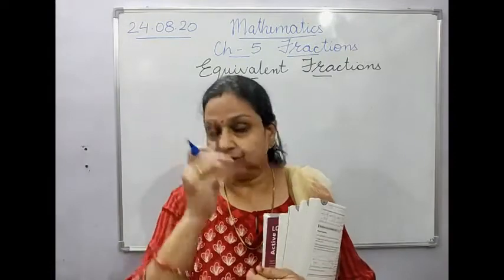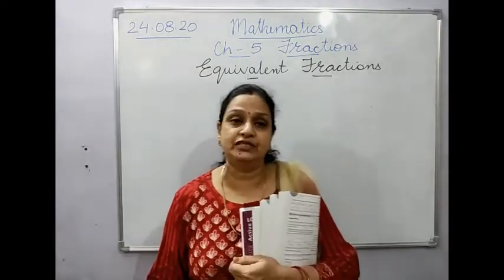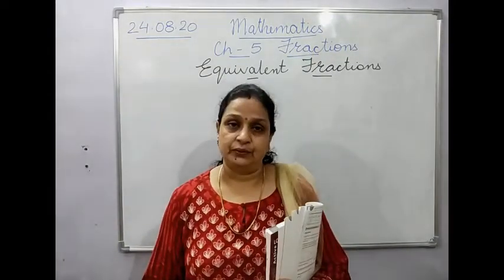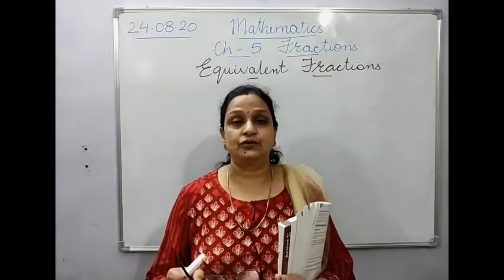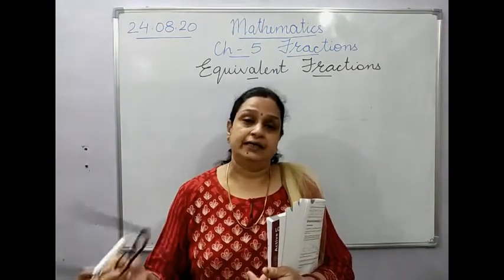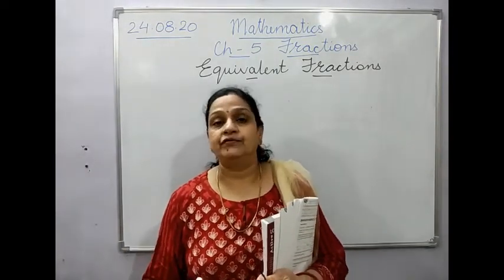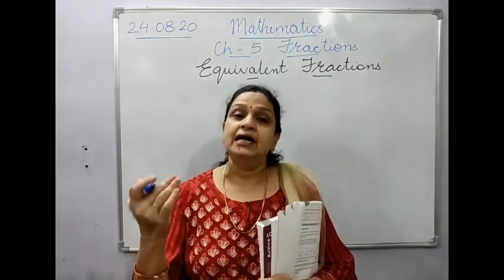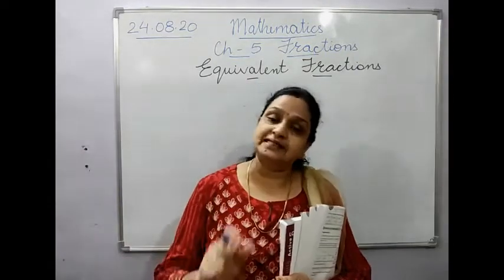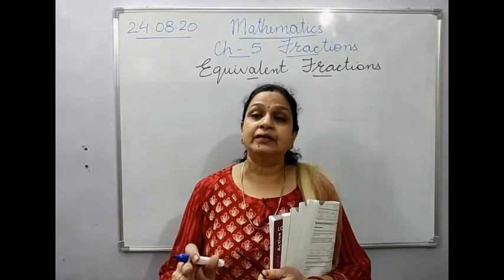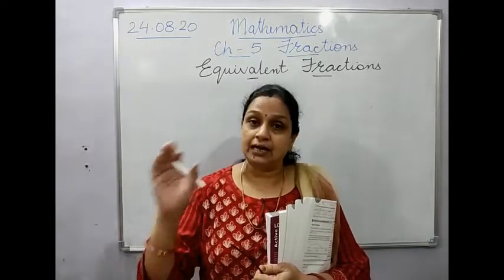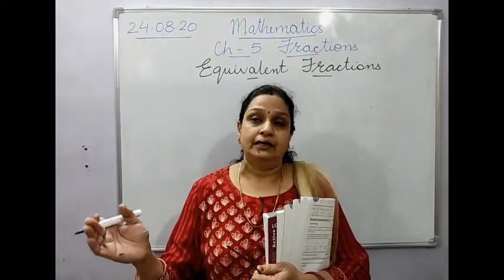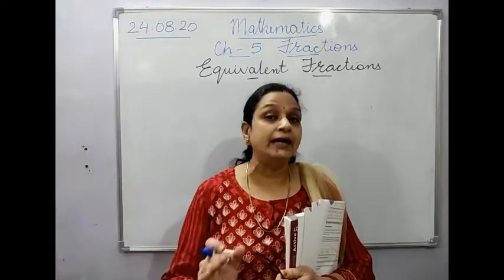You know that whenever we multiply any number with 0, the answer is always 0. So to get equivalent fractions, we multiply the numerator and the denominator by the same number. In some cases, when the digits are much higher, we can also divide to find the equivalent fraction.